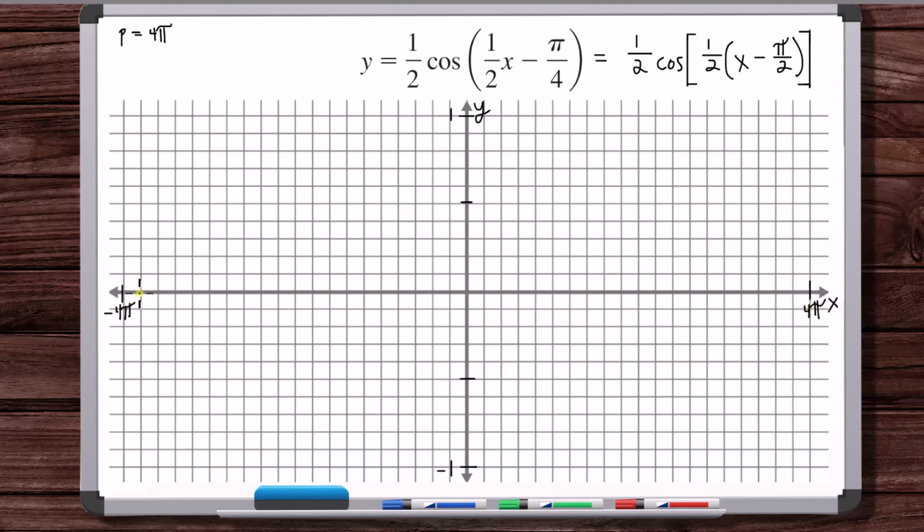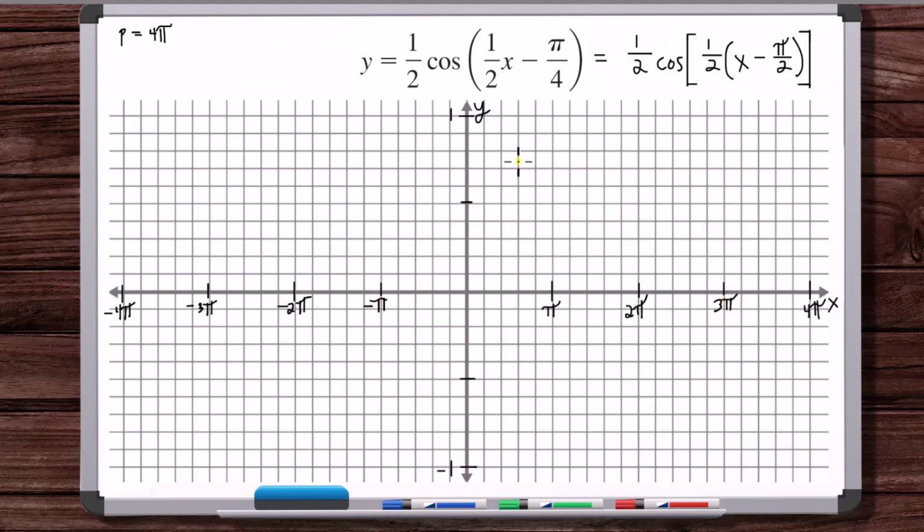So 1, 2, 3, 4, 5, negative 3 pi, 1, 2, 3, 4, 5, negative 2 pi, negative pi, pi, 2 pi, 3 pi.